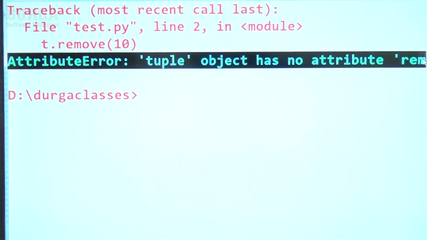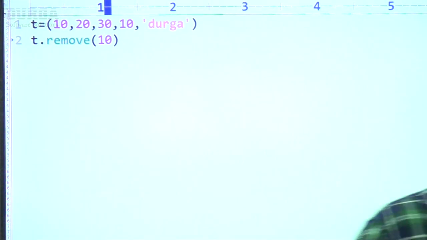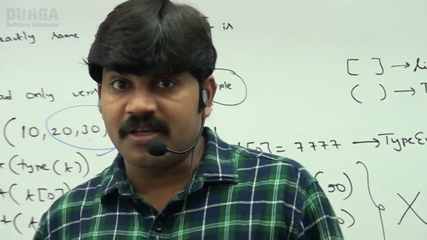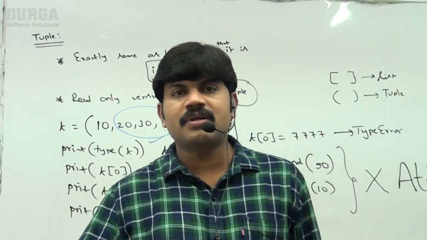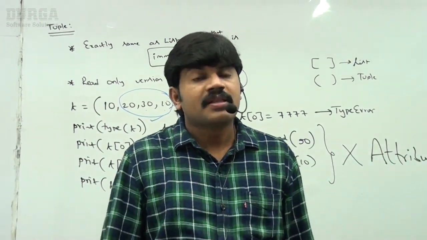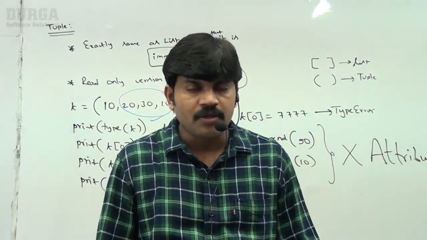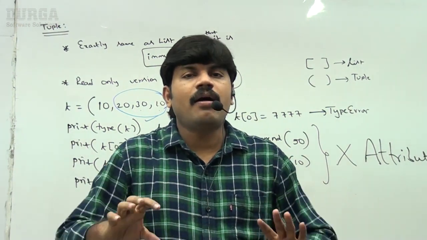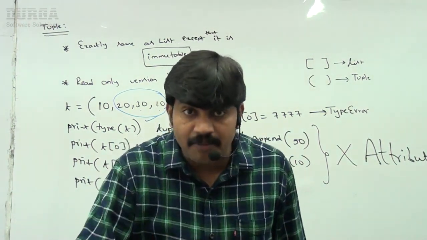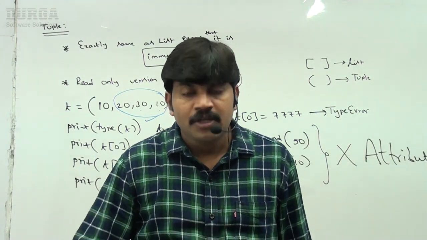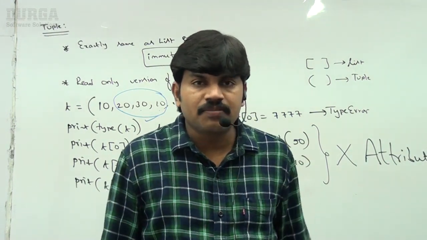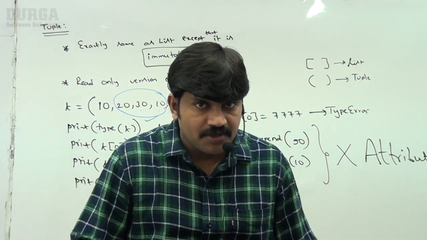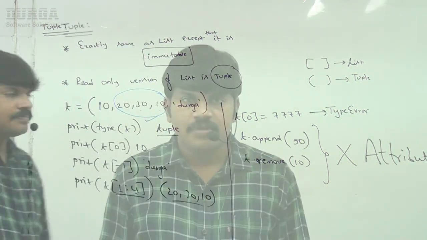Tuple object has no attribute remove. Friends, is everyone in a position to understand the meaning of immutability? You can't add something, you can't remove something, you can't perform replacement. That's why tuple is always immutable. So except this immutability, all the remaining properties are the same as the list. So read only version of list concept is what? Tuple concept. Clear, right?